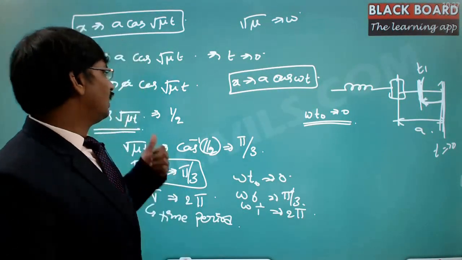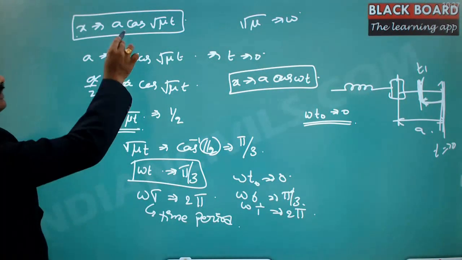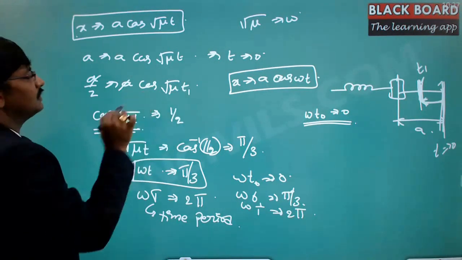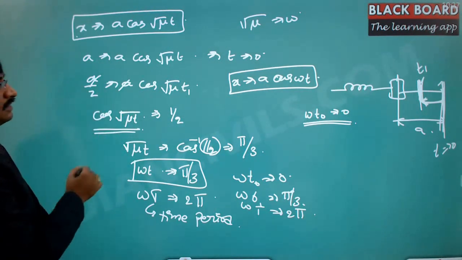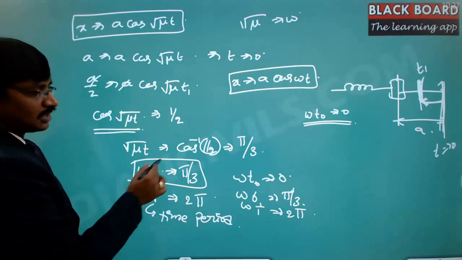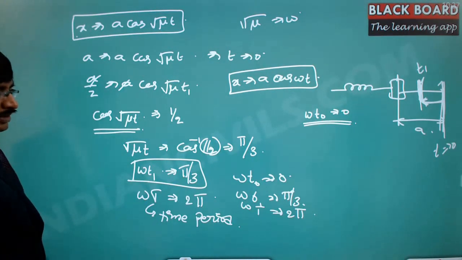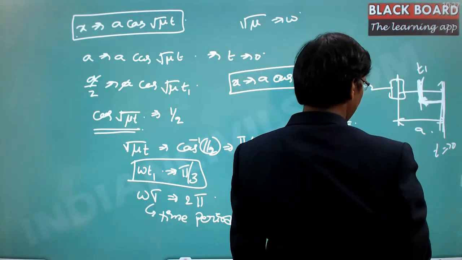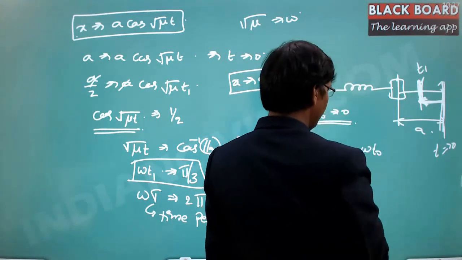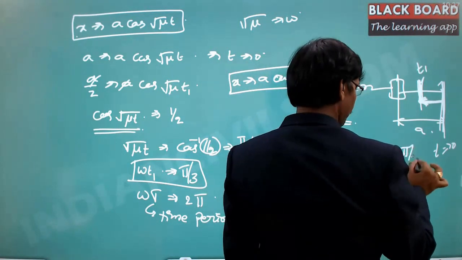Then if you substitute in this equation, time t1, so cos of omega t1 is equal to a by 2. So a will cancel, and from this omega t1 is coming out to be pi by 3. So from omega t naught to omega t1 is a pi by 3 value.